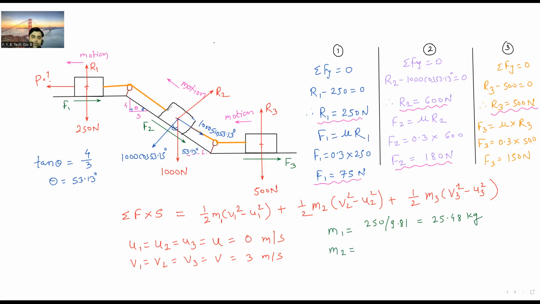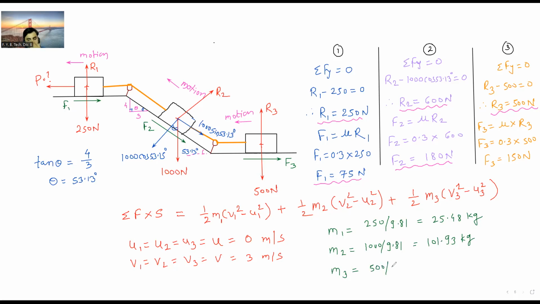m2 is this second block. What is the weight of this second block? 1000 Newton. So it is 1000 divided by 9.81, which is equal to 101.93 kg. And m3 is equal to, it is 500 Newton. This is weight.